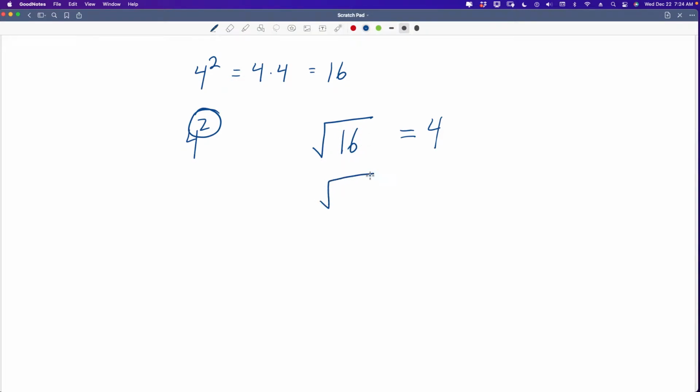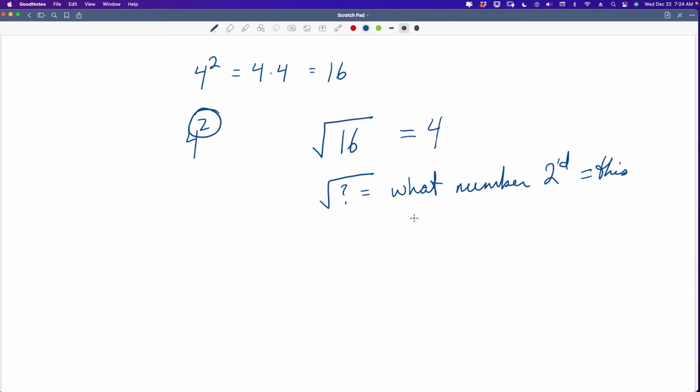So you can say this right here equals what number squared is equal to whatever's in here. Okay, what number squared equals this?